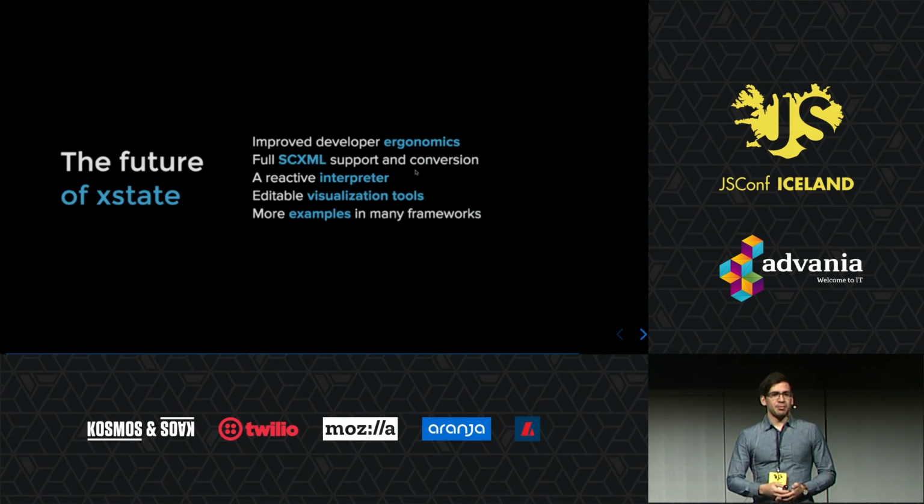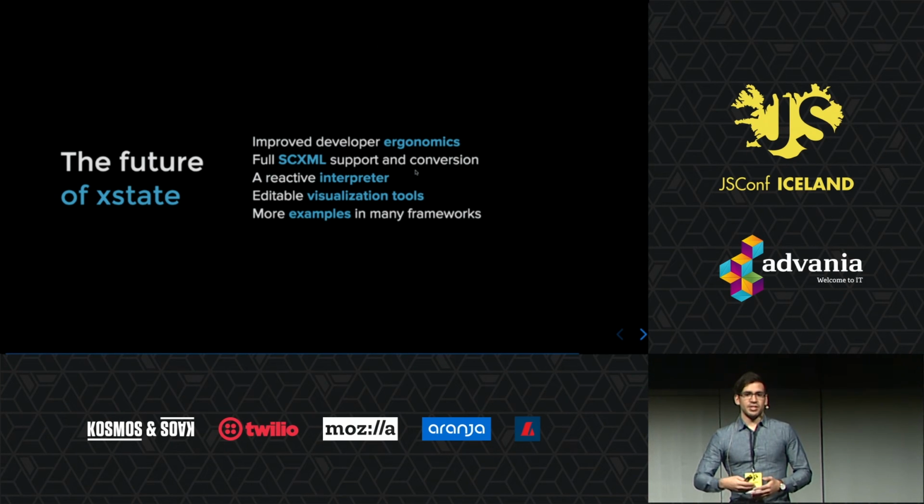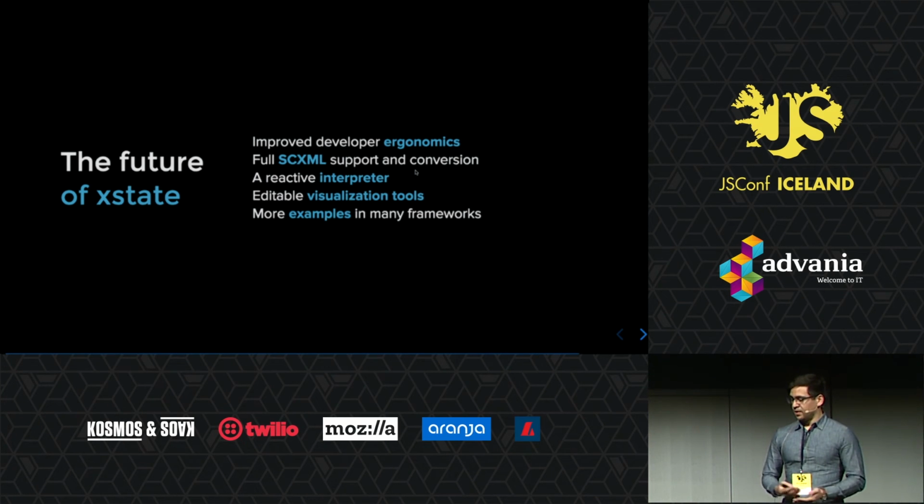So I released XState about 6 months ago at React Rally. And since then, there has been a lot of development and a lot of people actually using it to make projects such as React Automata and others.